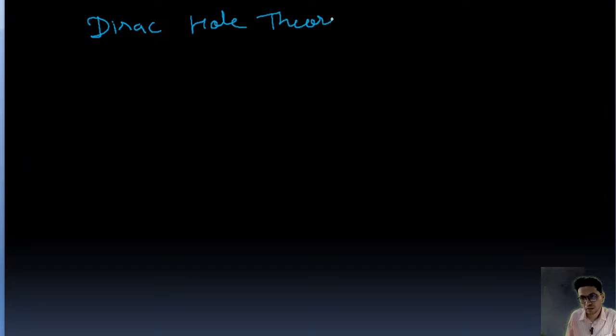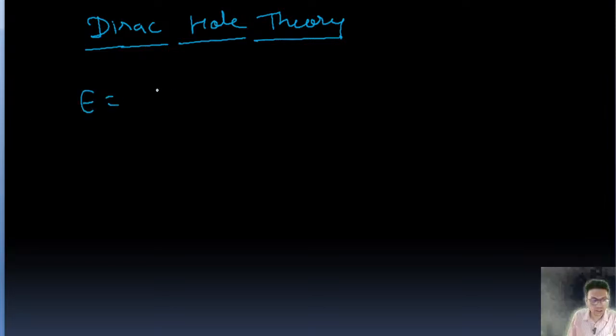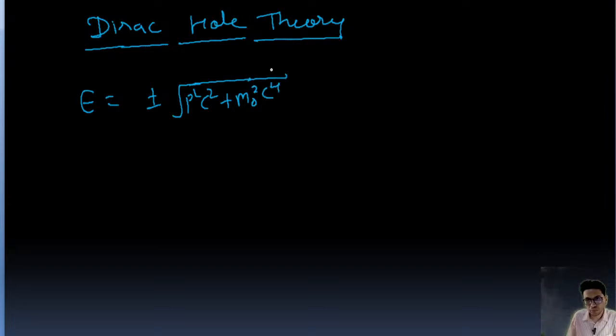Dirac hole theory. So we know we have E equal to plus minus root of P square c square plus m naught square c to the power 4, right?